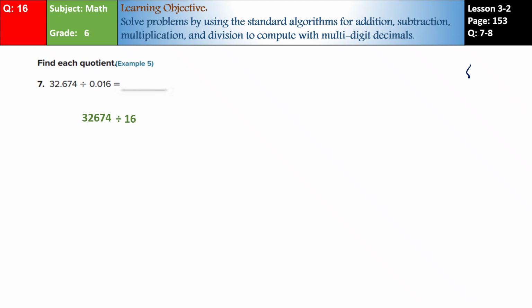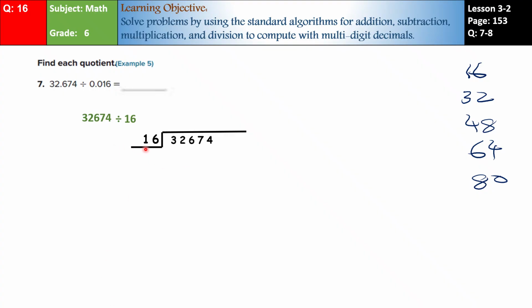So 16 times 1 is 16, then 32, 48, 64, and 80. Now, always the numerator goes inside and the denominator is our divisor. 16 times 2 is 32. Then subtract, 32 minus 32 is 0.